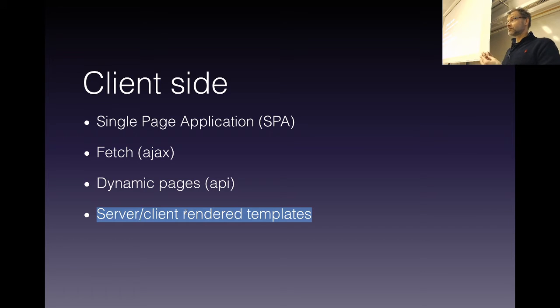So then I don't need so much intelligence on the client side. I just take the completely rendered view and update my DOM tree. So I can have server-side rendered views, templates. Can have client-side rendered templates. There's a security issue as well there. So many things to decide.